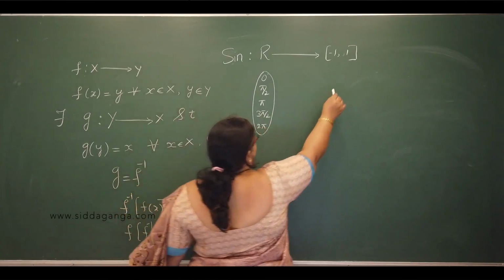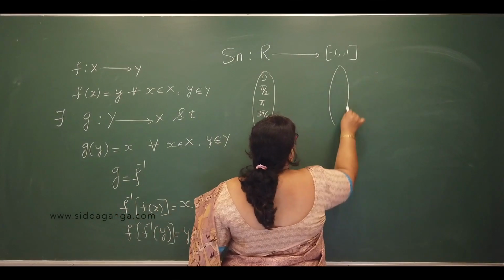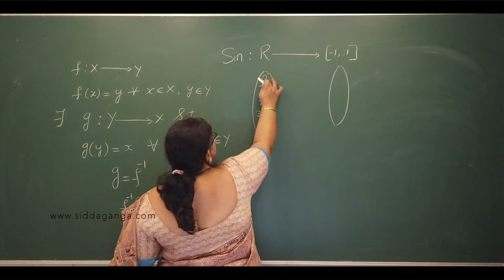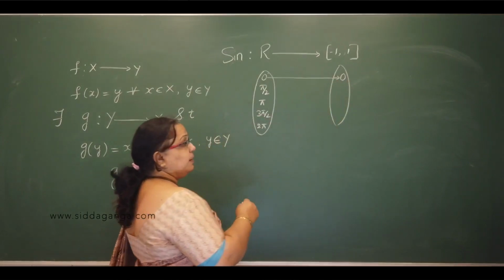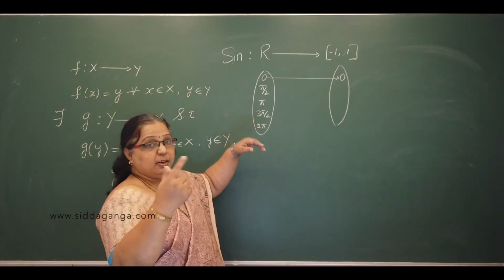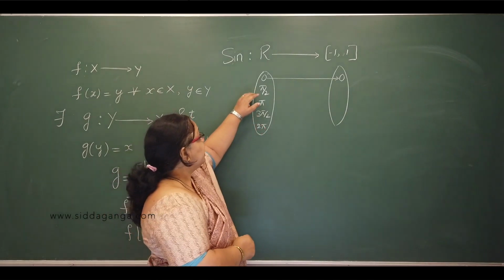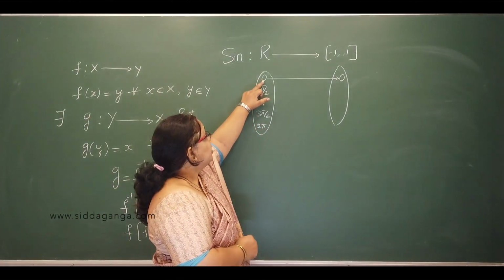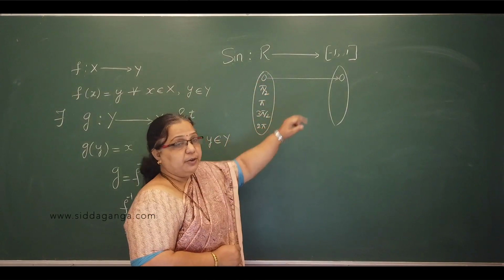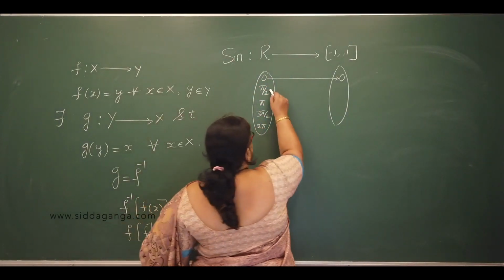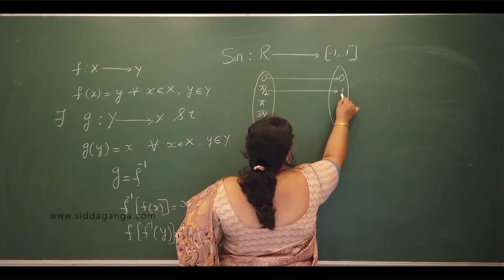Here we know that sine 0 degree is nothing but 0. The image of the element 0 under the sine function is 0. Now sine 90 degree is 1.